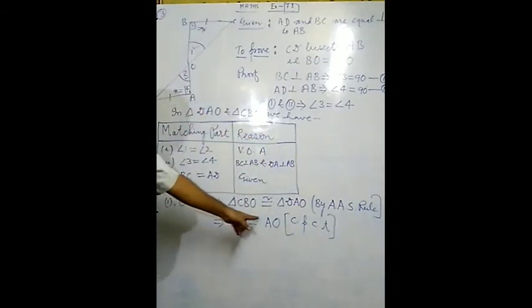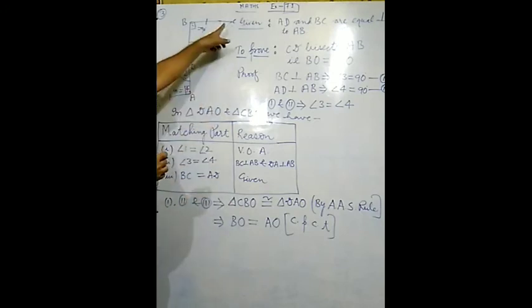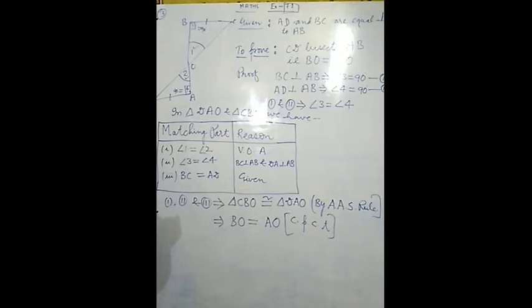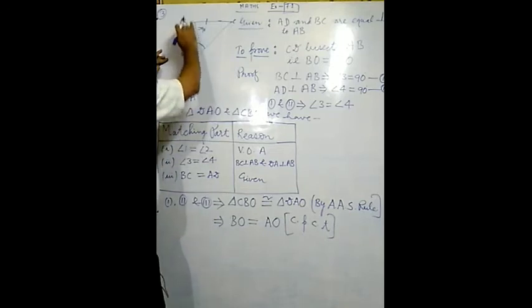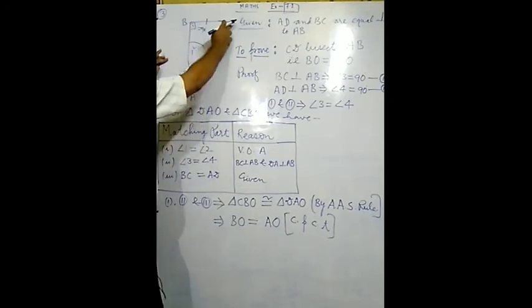If BO equals AO, what is the role of CD?